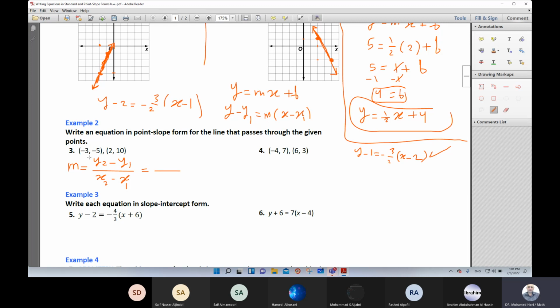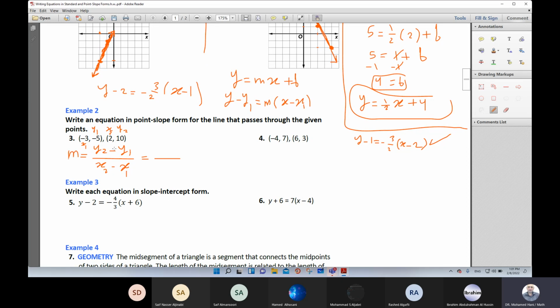So, as you see here, you have 2 points. Here we have x1, for example, and here we have y1. And here we have x2, and here we have y2. So y2 equal 10 minus y1 negative 5.